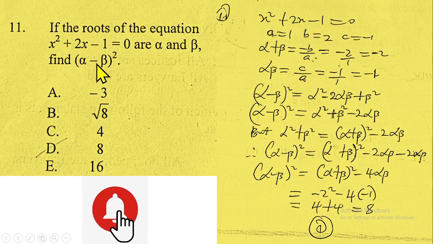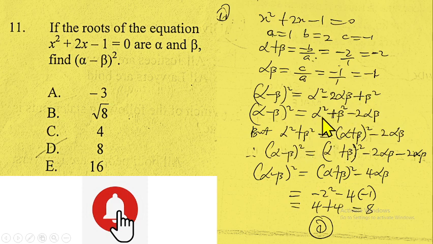So we have to simplify alpha minus beta squared. It means we expand alpha minus beta twice, giving alpha squared minus 2 alpha beta plus beta squared. Rearranging, alpha squared plus beta squared minus 2 alpha beta.